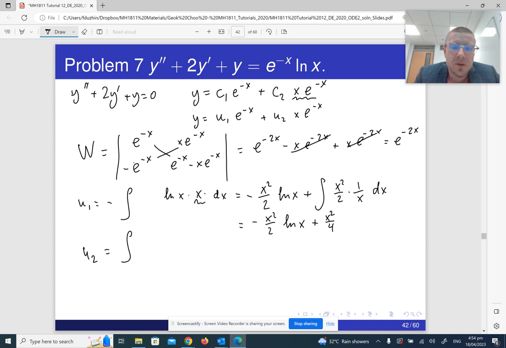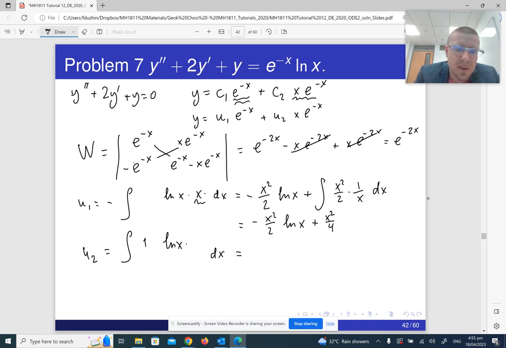Okay, so the first term is the same, the right hand side, e to the minus x times ln x times, for the second coefficient, we've got to use the first solution of the homogeneous equation, which is e to the minus x divided by e to the minus 2x dx, and again e to the minus x cancels out, and the remaining part is just the integral of ln x, and again it's easier to just do it here than to open Wolfram Alpha.